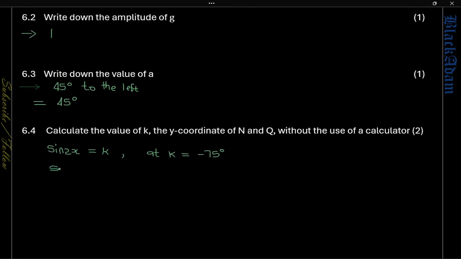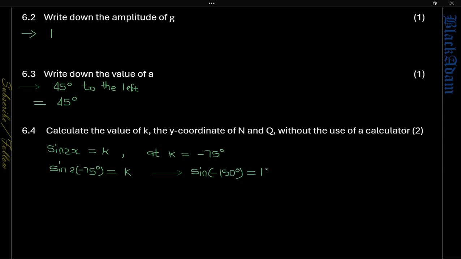Now all you need to do is substitute that value there, and that will give us negative 75 degrees equals k, and then 2 times 75 will give us negative 150.